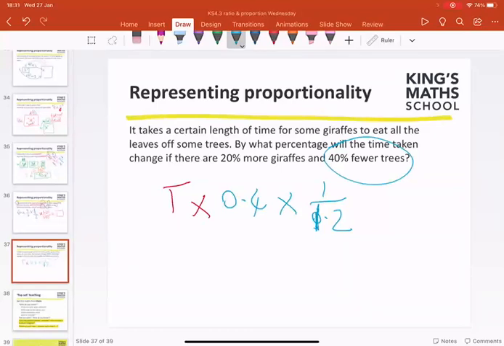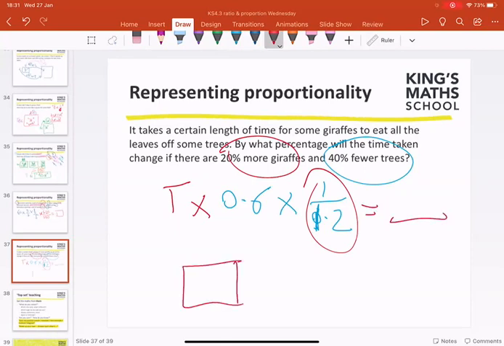And let's just start that again, because it's 40% fewer trees, so it's 0.6. Sorry, I thought it was 40% of the trees. No, sorry, it's 40% fewer trees. So 0.6 is the scale factor of the trees, and it's 1 over 1.2 because more giraffes means it'll take less time. So that's it procedurally.